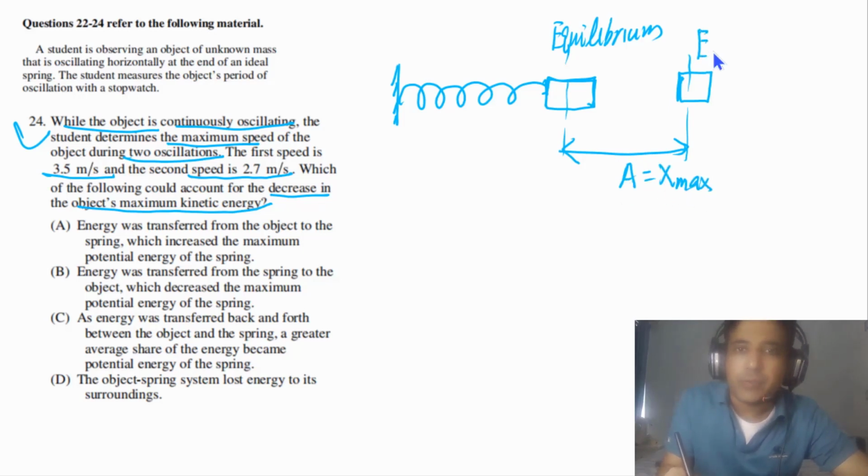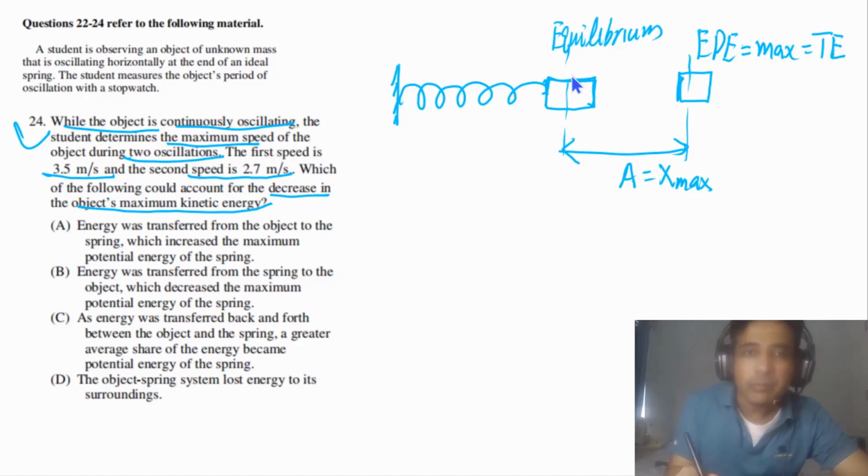And at this point, the total energy of the system will be equal to EPE, and EPE is maximum, and this is equal to the total energy of the system. But if you look at equilibrium, kinetic energy is maximum, and this is the total energy of an ideal spring mass system.